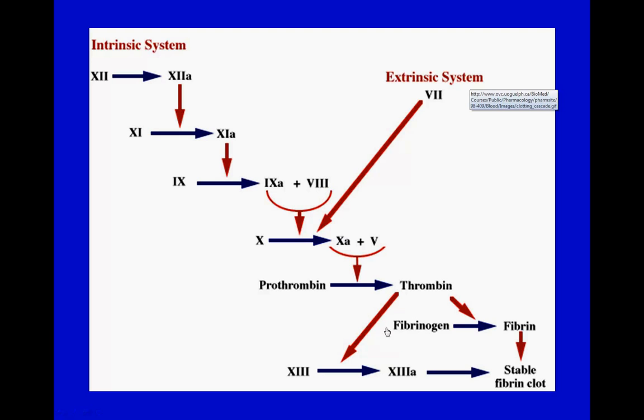When we get to the 3rd stage of the clotting cascade, both processes end up in this one. We have thrombin, which acts on fibrinogen to break it into fibrin strands, which helps form that stable clot. So if I were going to test a patient, and I have a blood test that tests the extrinsic system, it's going to concentrate on thrombin being present for that level to be normal.